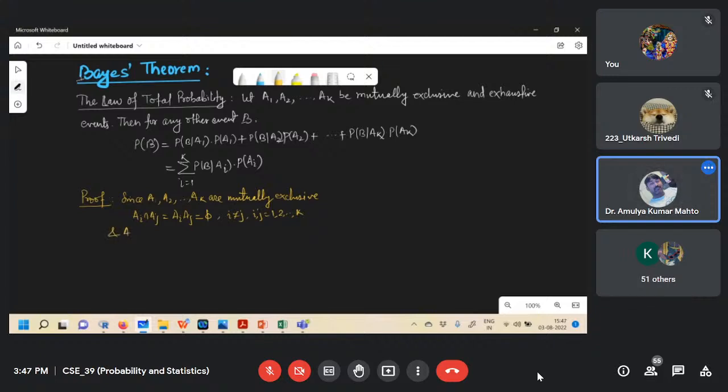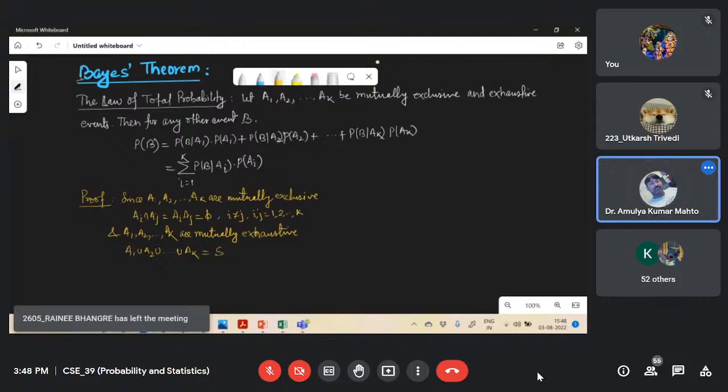exhaustive events means if you take the union of all of these, A1 union A2 union A3 union AK, this will be the entire sample space.